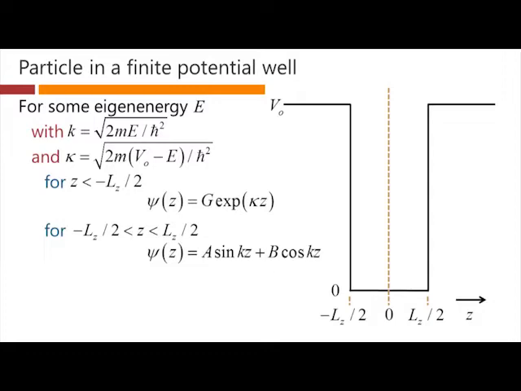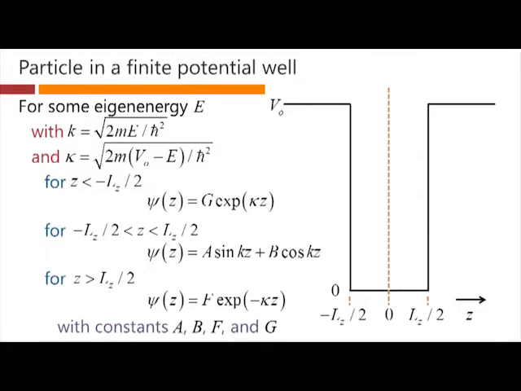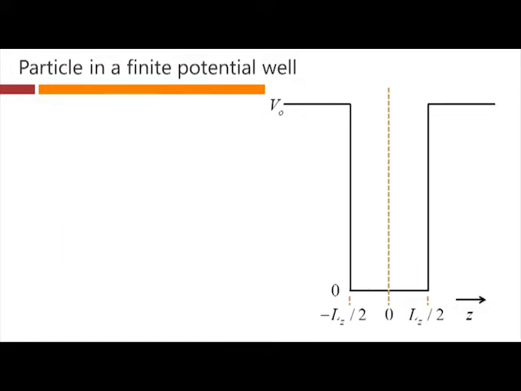We've still got to figure that out, with 2 unknown coefficients, a in front of the sine part and b in front of the cosine part. And then for z greater than Lz over 2, we're going to have an exponentially decaying function on the right, f e to the minus kappa z. And of course, we still have to figure out all of these constants a, b, f, and g as we work through our solution.